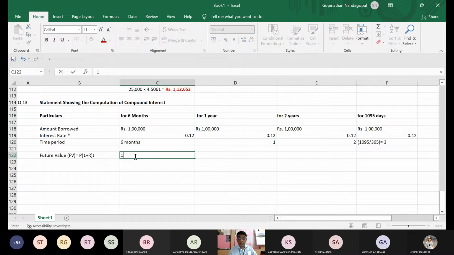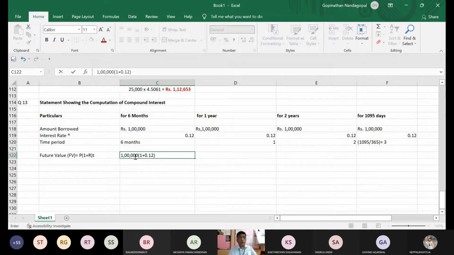P is the principal amount. 1 plus interest rate is 0.12. Number of years is, we can take 0.5.